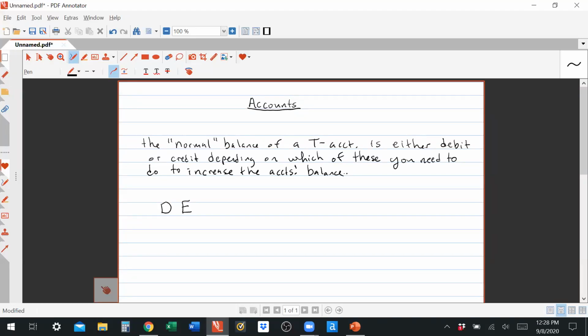So the normal balance of an account is what you have to do to increase the account's balance.